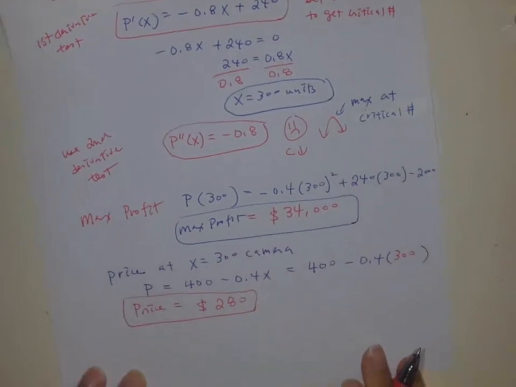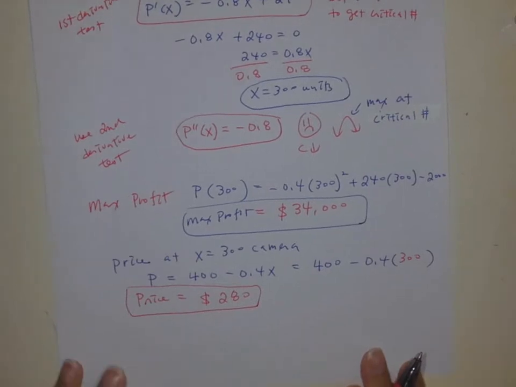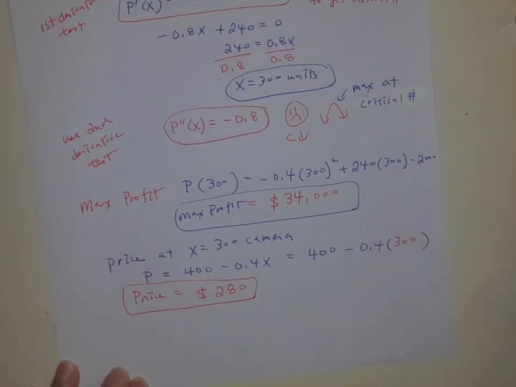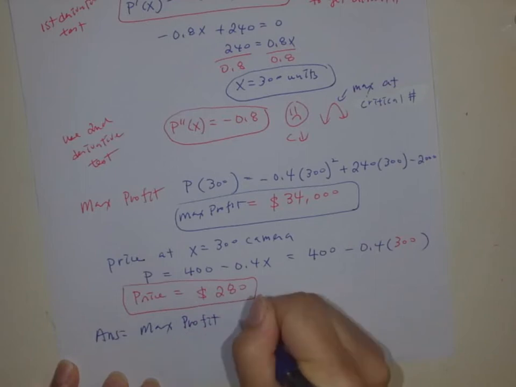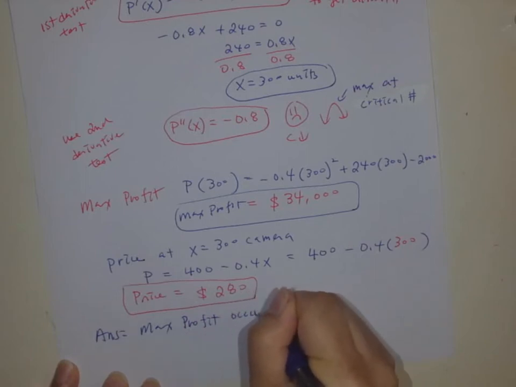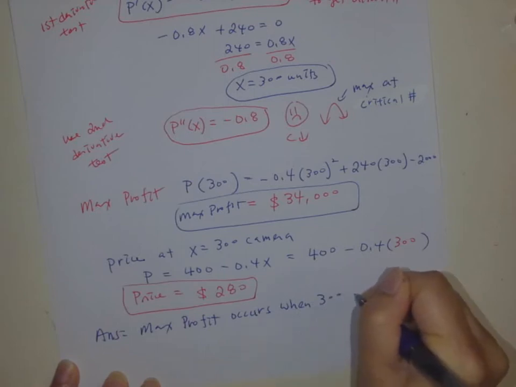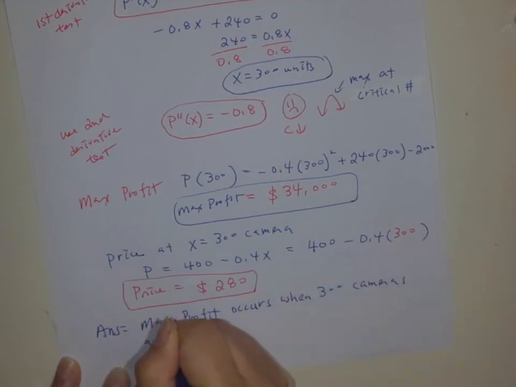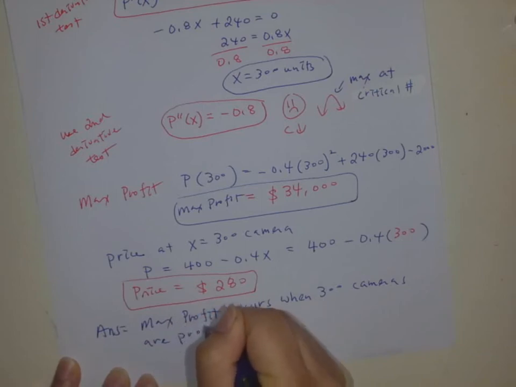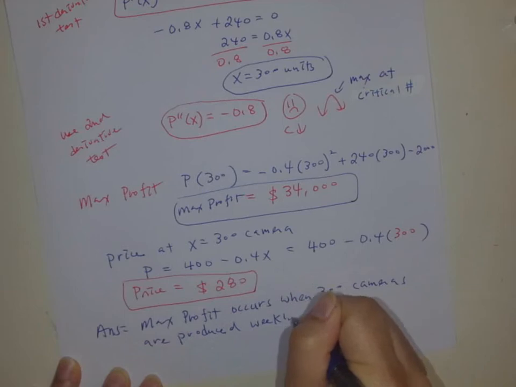So maximum revenue is not that important. I think the more important thing is how do we get the maximum profit, right? So we're going to answer the question. We can say maximum profit occurred when 300 cameras are produced weekly.